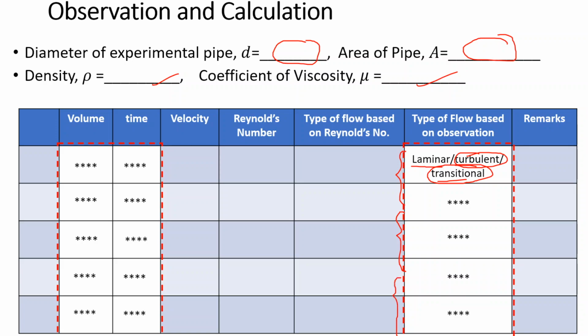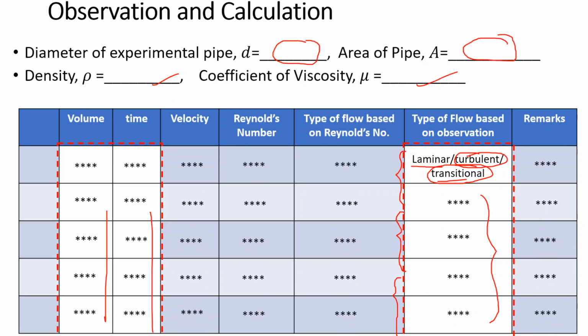And we'll note down these values of volume and time, and at the same time we'll also note down what we physically observed looking at the pipe, and then we'll calculate all these terms, velocity, then Reynolds number, and the types of flow based on Reynolds number. That is, if the Reynolds number is less than 2000, we'll note here that it is laminar flow.